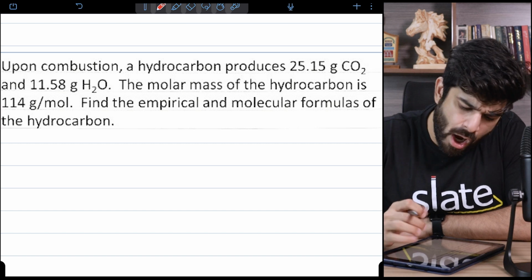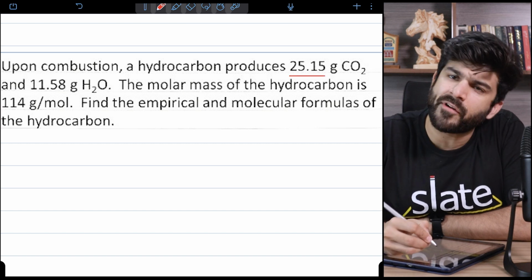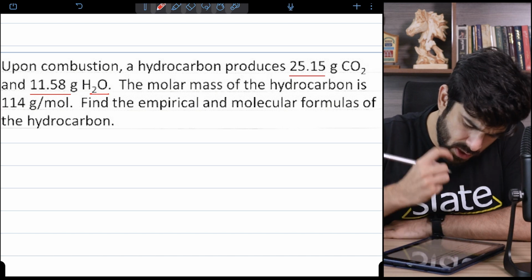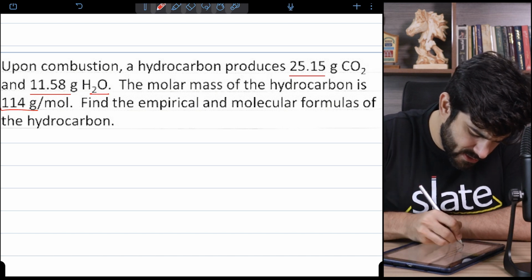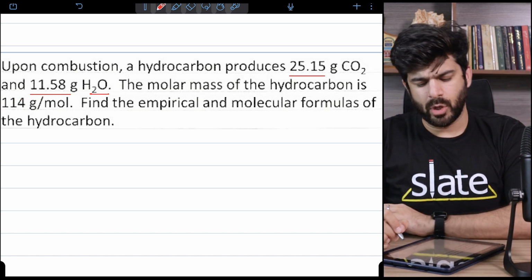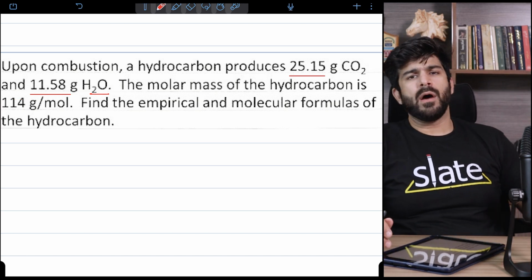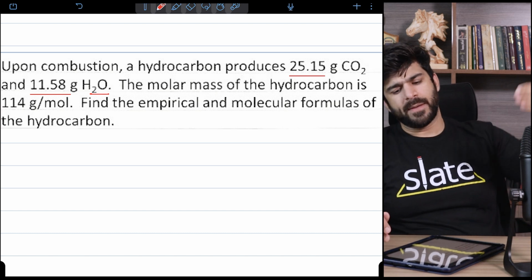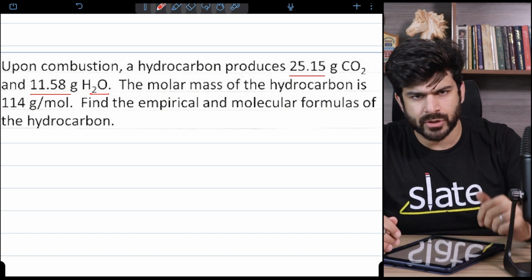Upon combustion, a hydrocarbon produces 25.15 gram of carbon dioxide, 11.58 gram of water, and the molar mass of the hydrocarbon is this. Find the empirical formula and the molecular formula of the hydrocarbon. Now, we need 2 concepts, molar ratios and then empirical and molecular formula calculation.